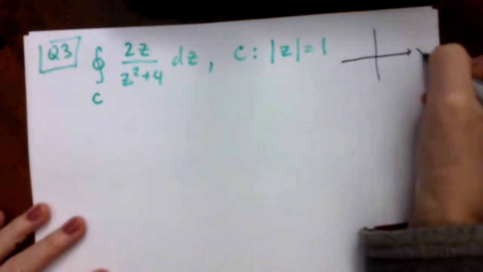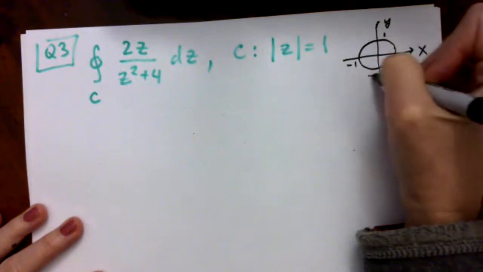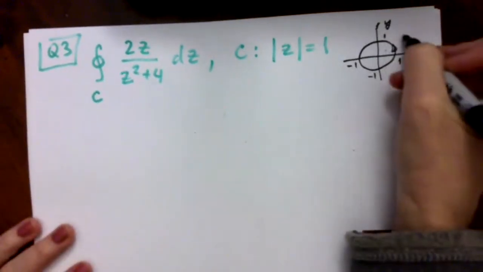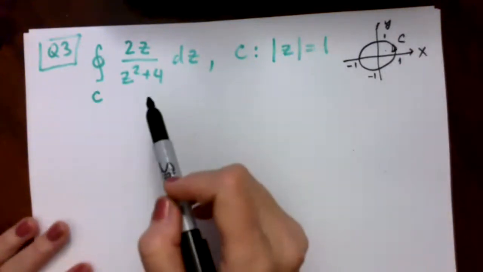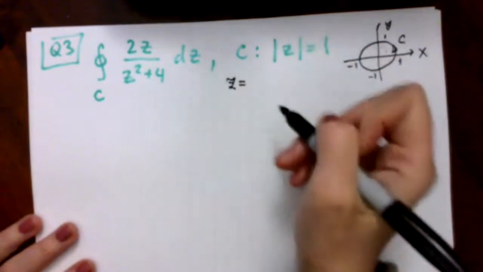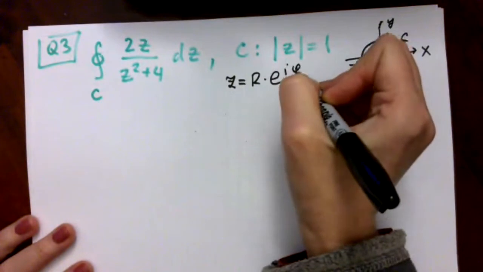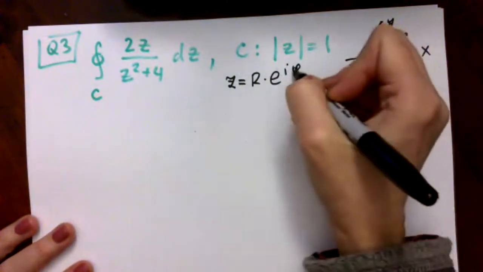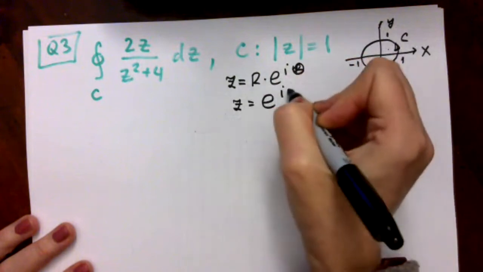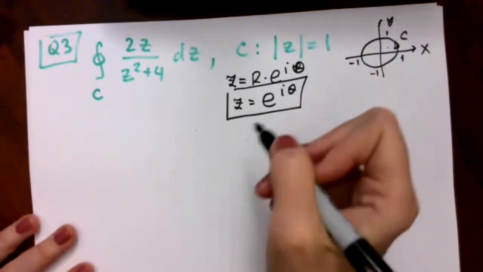So I prefer to make drawings all the time, even though sometimes they are not needed so much, but it just gives me peace of mind when I can see the whole contour. So this is our contour. And as we just discussed, we can immediately do parameterization. Instead of z, we can substitute this expression, which in our case, as the radius was 1, is e to the power of i theta.